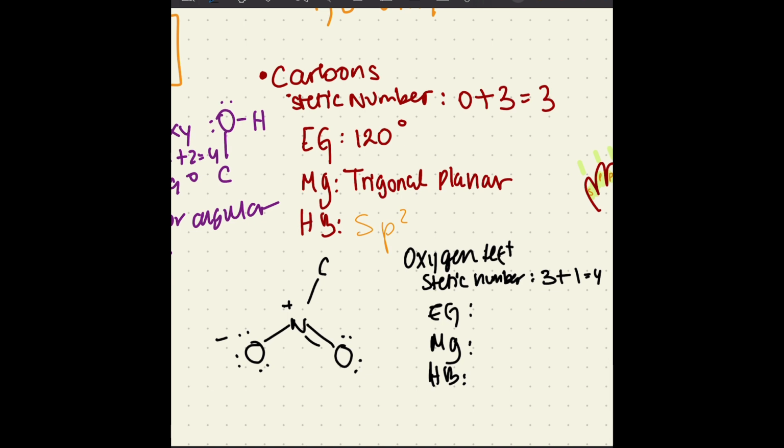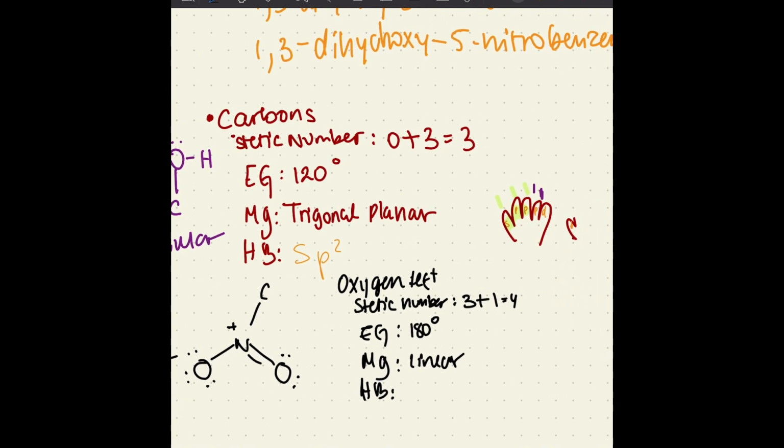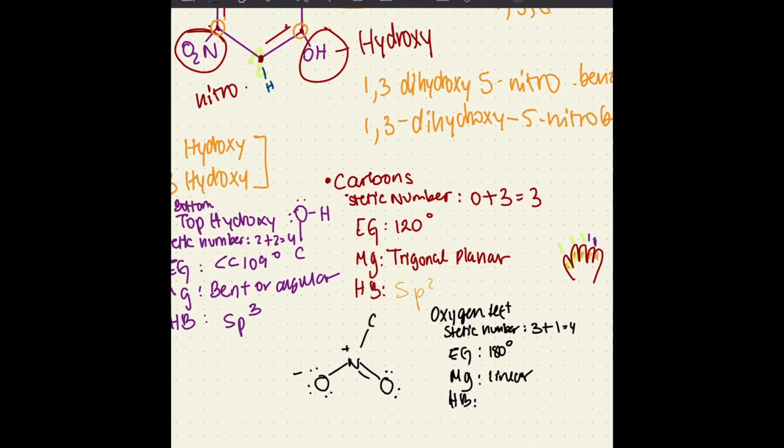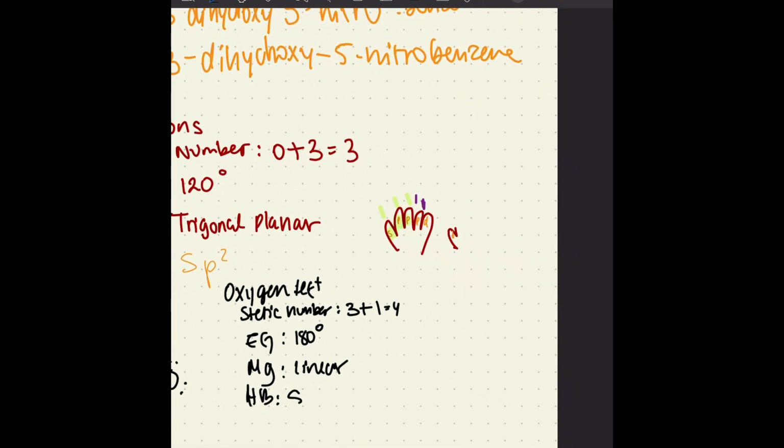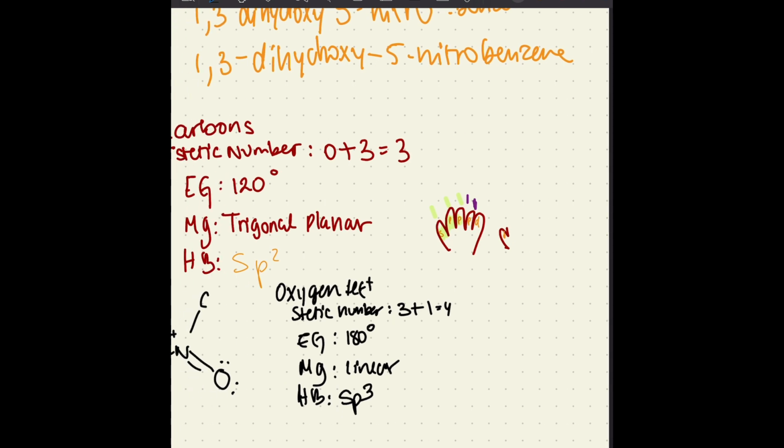The electron geometry is going to be 180 for the angle. So 180 there, and then linear. Then for the hybridization, we go again with the fingers. It's going to be 4, so it's the same as the hydroxy. It's going to be sp3.